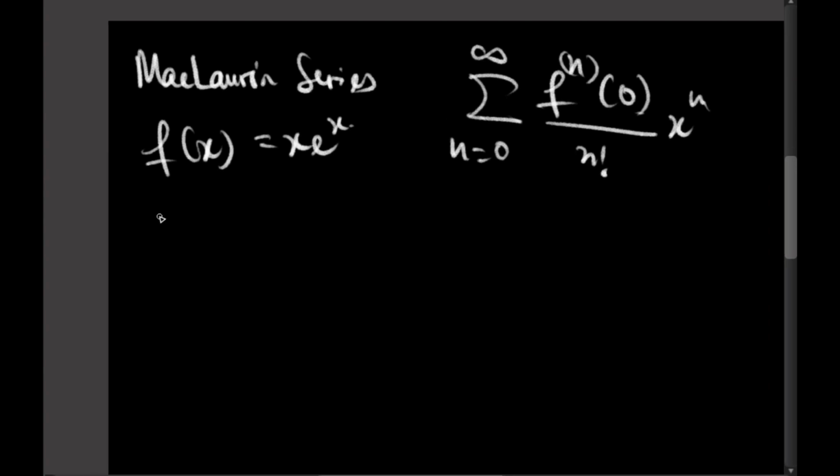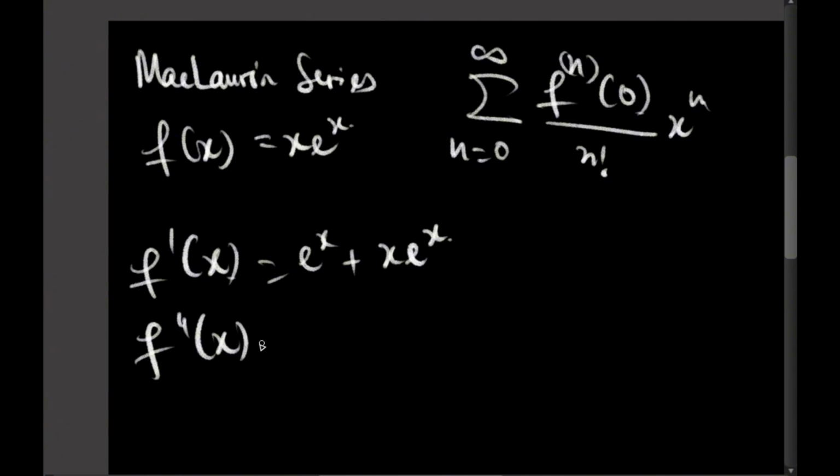And now we're going to differentiate f(x). Do you guys remember the product rule? Now we have to use that. Here f'(x) is going to be x e to the power of x plus this, right?